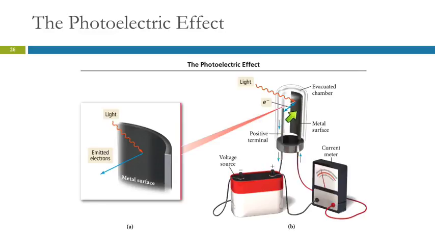This is the positive terminal, that's the negative terminal. Normally there would be no electric current flowing through empty space. But when light hits this metal and ejects electrons, the electrons are going to be attracted to this positive terminal, and so they're going to come over here. And our meter is going to detect that. So we can see by looking at this meter when electrons are being ejected.